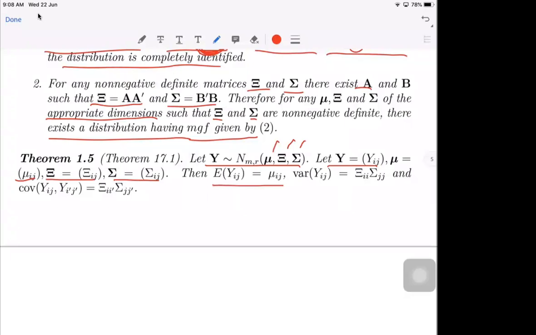Then the expected value of y will be mu ij, or actually your mu. The variance of y is equal to psi. Variance talks about the same entries, no? ij and ij. And covariance talks about different entries, ij and i prime j prime.